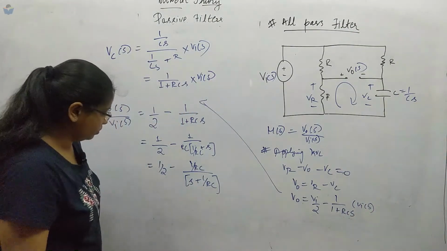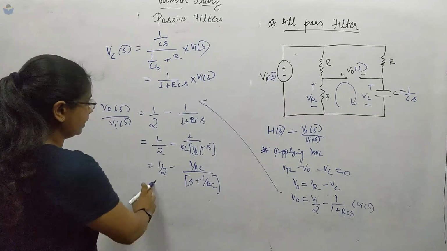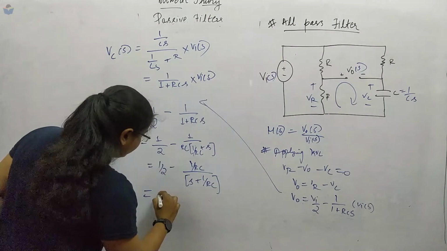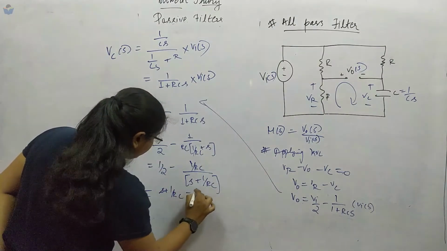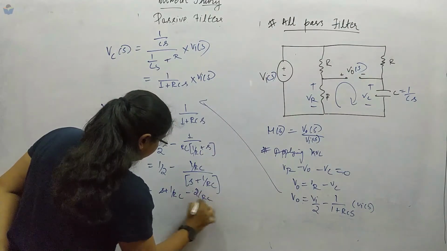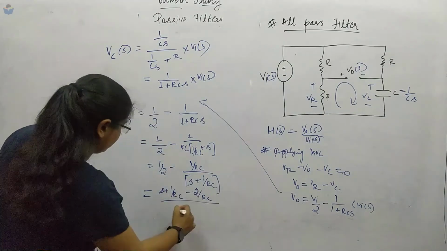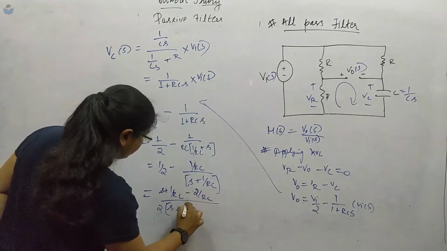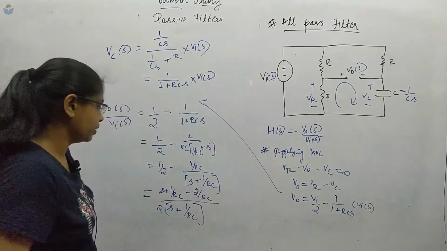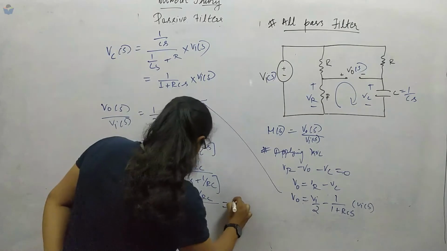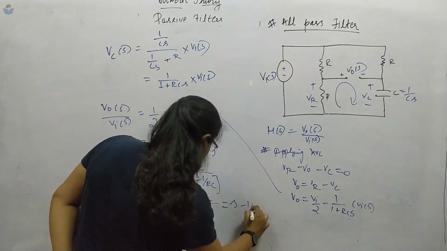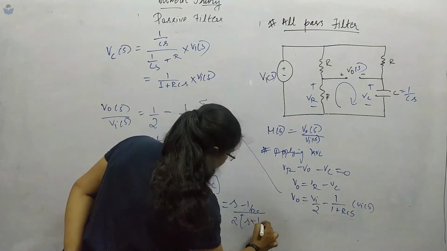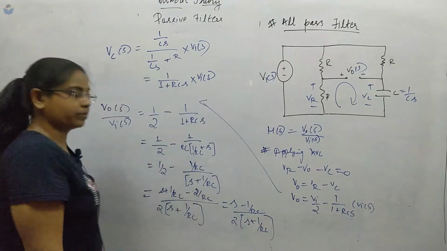Now over here I can take the LCM. So here also I will get S plus 1 by RC minus 2 by RC divided by 2 times S plus 1 by RC. If I simplify it, S minus 1 by RC divided by 2 times S plus 1 by RC. Okay, correct.